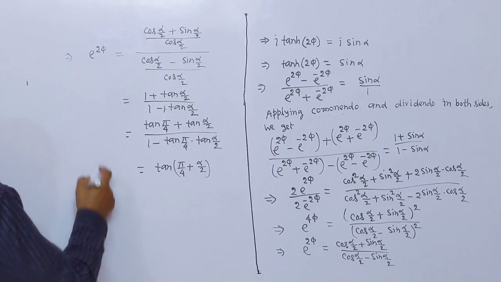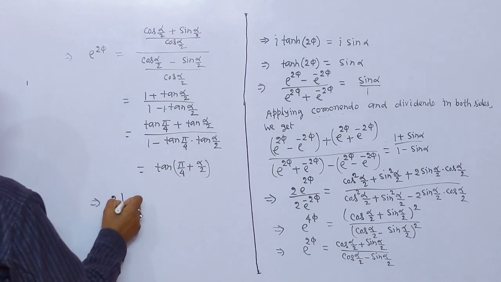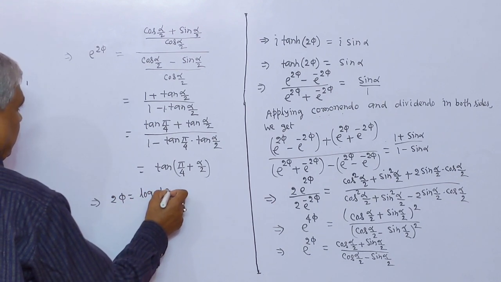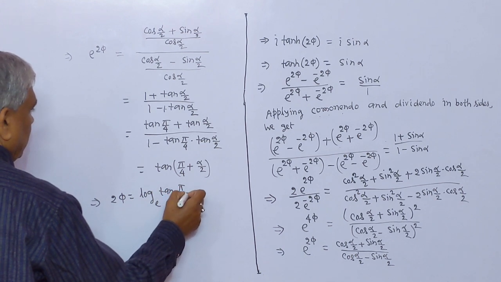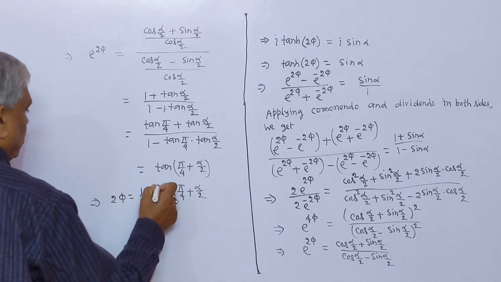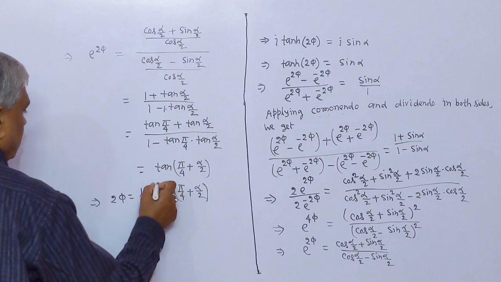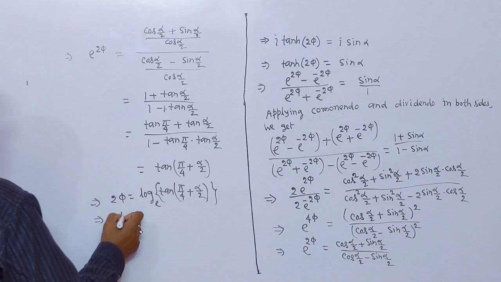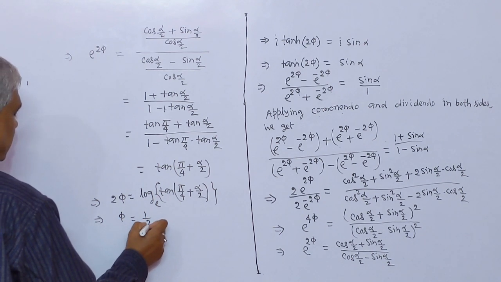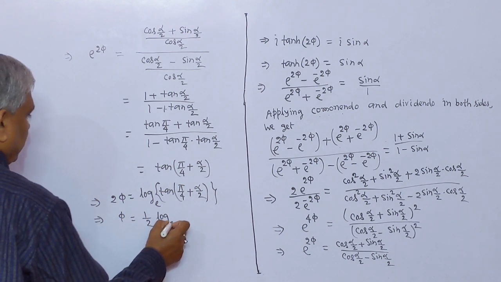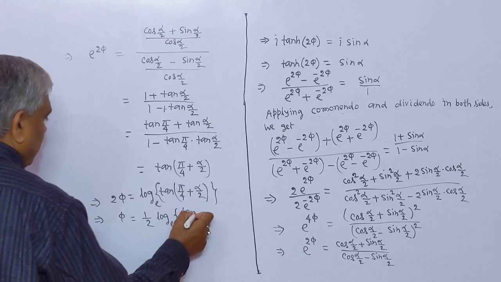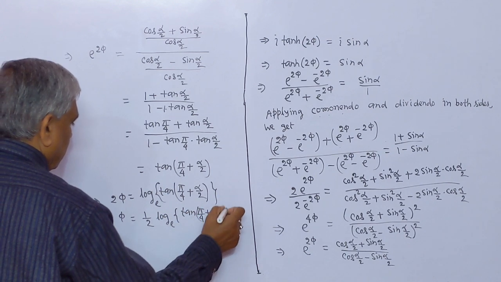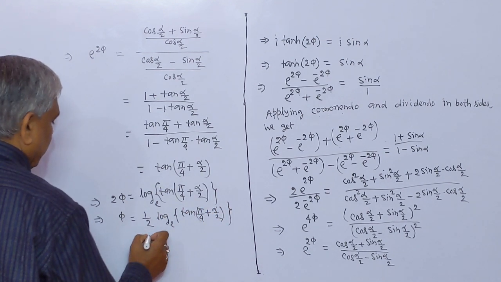Implies that 2 phi equal to log base e tan(pi by 4 plus alpha by 2). Implies that phi equal to half log base e tan(pi by 4 plus alpha by 2). Second part proved.